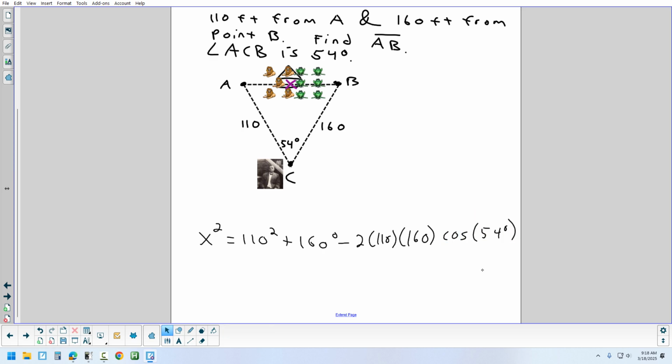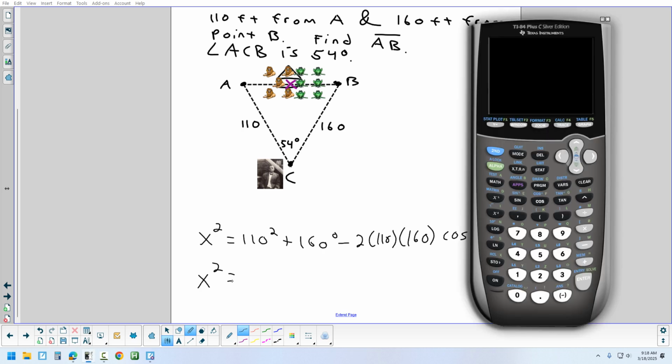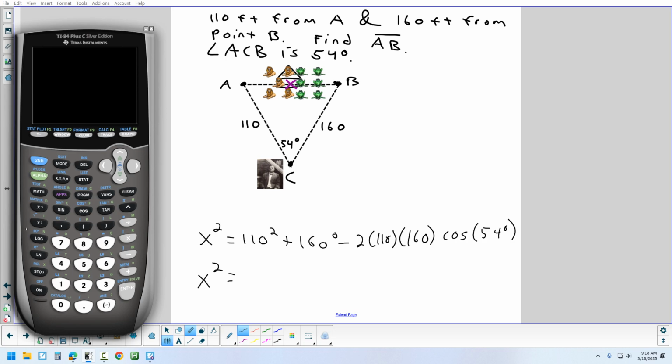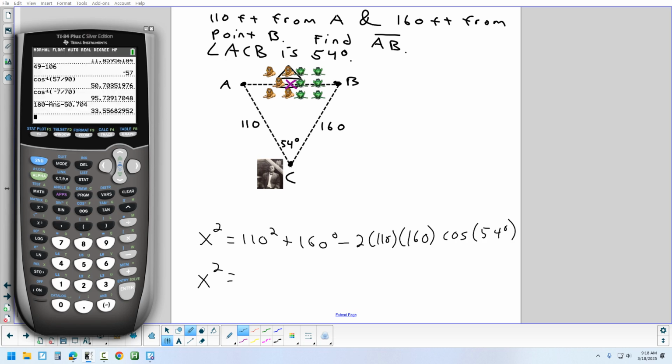All right, let's do it out. I'm going to do some of this because it'll make it a little easier to type in if I don't have to type all of that. So let's do 110 squared plus 160 squared.